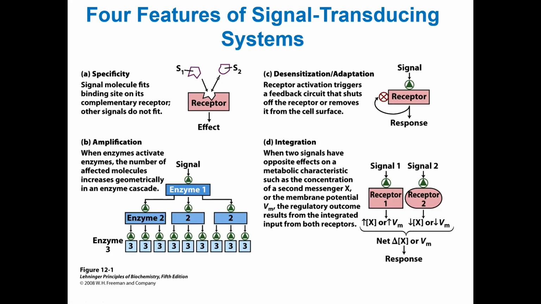Then the signaling molecule leaves the receptor, and the receptor gets desensitized. So many times when the signal has fallen off, the receptor will be taken up by the cell, internalized, and then maybe degraded into its constituent components.